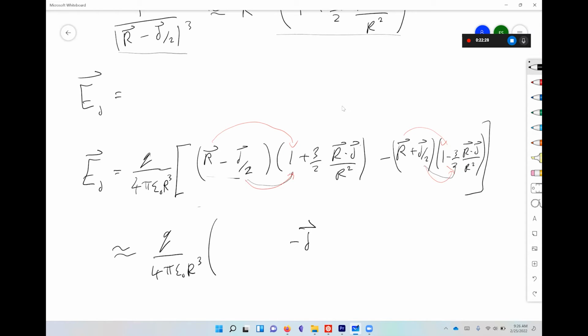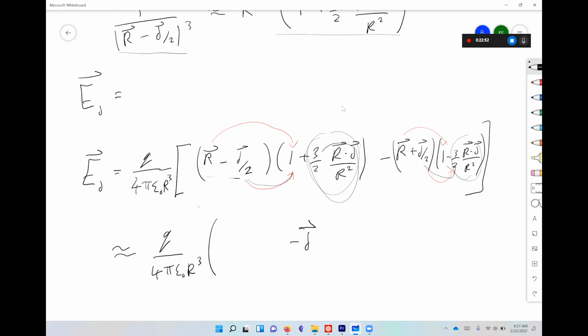I have minus D over 2 times this. And then I have minus D over 2 times this. Also minus becomes plus, so they cancel each other. So you see that minus D over 2 times this, and then minus D over 2 times minus the same term.